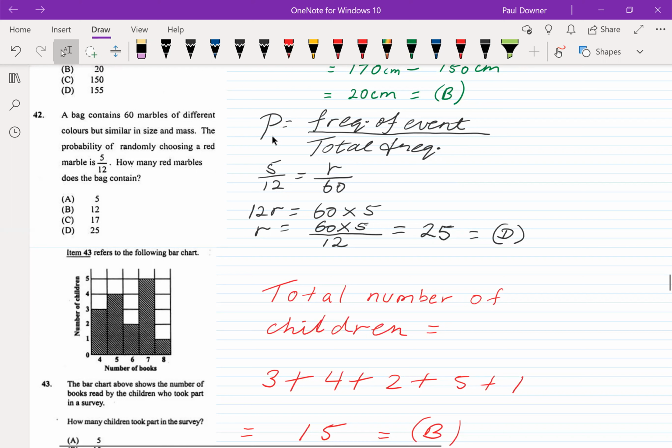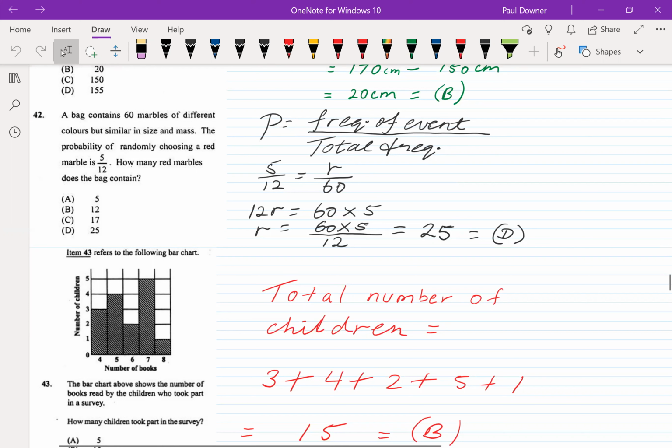So the probability of this event, they told us, was 5/12. So I write down that, 5/12. But we know there's a formula to work out this probability. And what is that formula? The frequency of the event, which in this case refers to the number of red marbles.